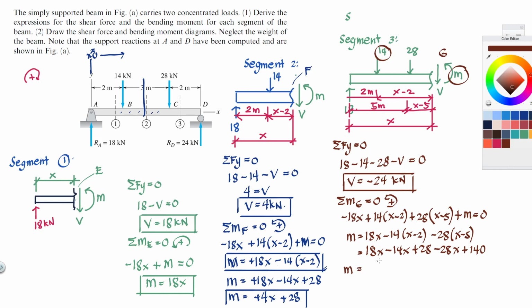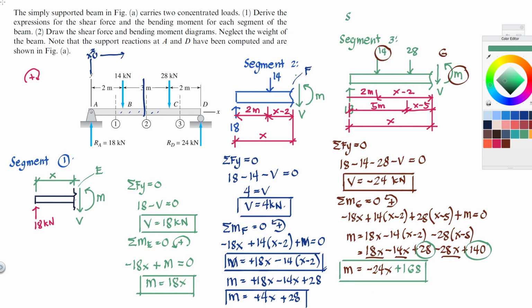Combining all the terms with x, 18 minus 14 minus 28, you will have negative 24x. Combining all the constants, 28 plus 140, you will have plus 168. So this now is the equation for the moment for the third segment.